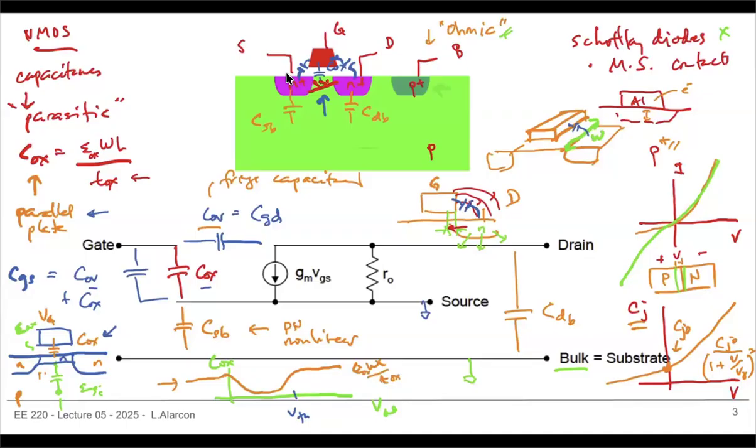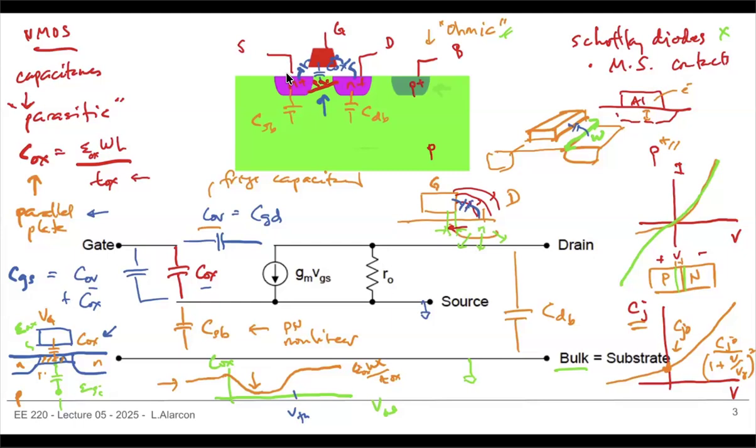But then you actually drop when you lose either the accumulation layer or the actual inversion layer. So that Cox is also going to be nonlinear, even though it is behaving like a parallel plate capacitor.